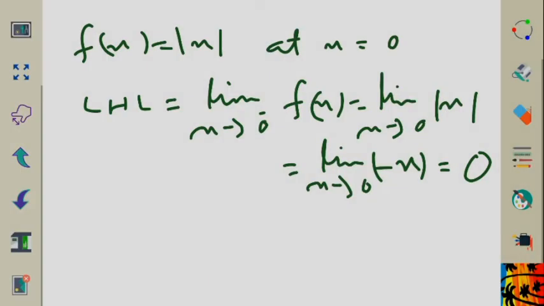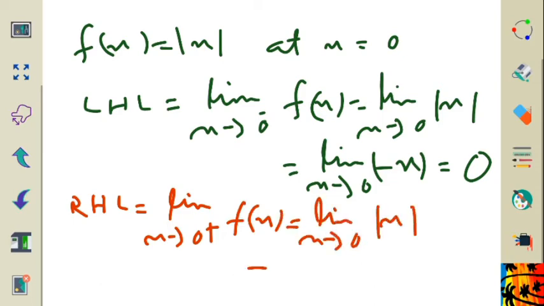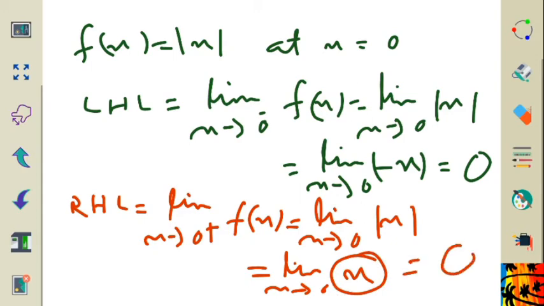Next, let me find RHL. RHL is limit x tends to 0 plus f(x), that is equal to limit x tends to 0 of mod x. Now mod of x is again x, because at positive value mod of x gives us x, and the value is 0.